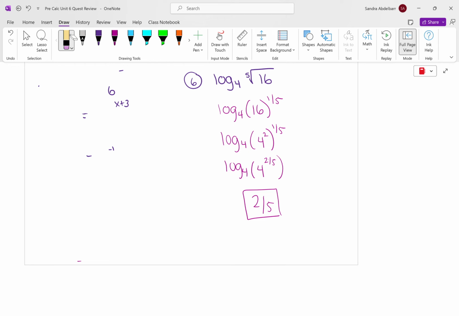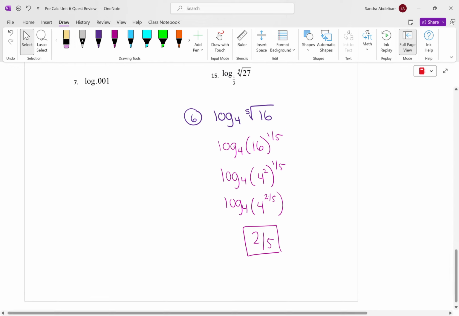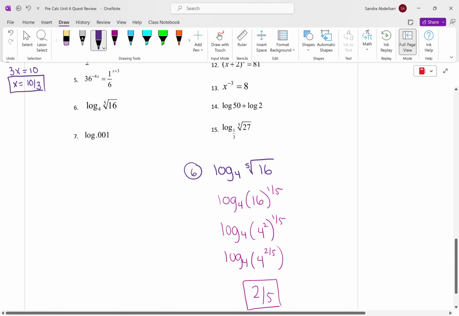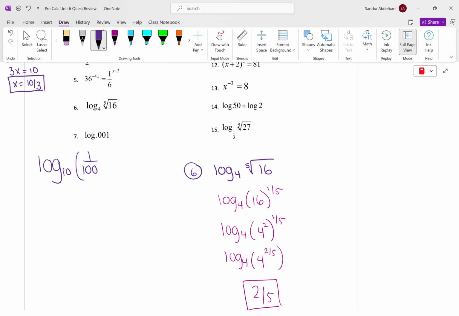Okay. So for number 7, I know it's a decimal, but I would actually change it to a fraction. Why? So this is, when there's no base, what base is it? 10. So this is log base 10 of 1 over 1,000. Do you guys all agree? And that's exactly what we want to do.